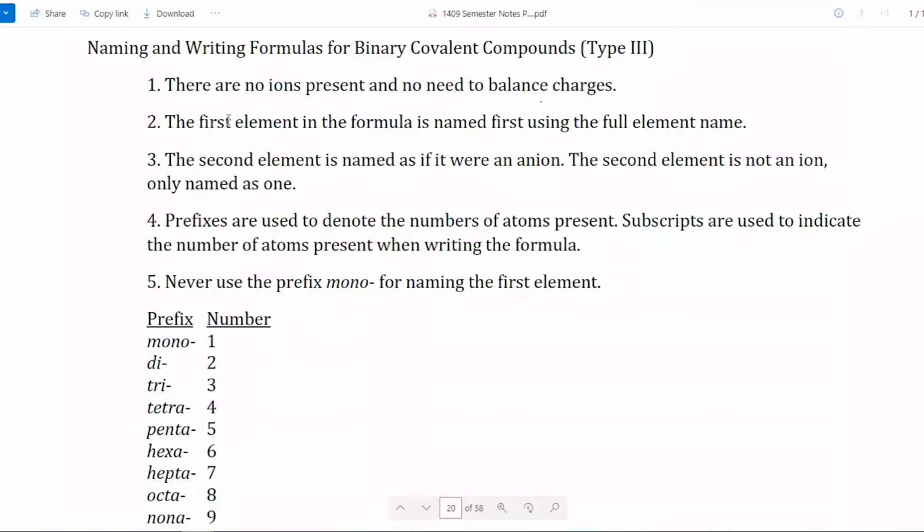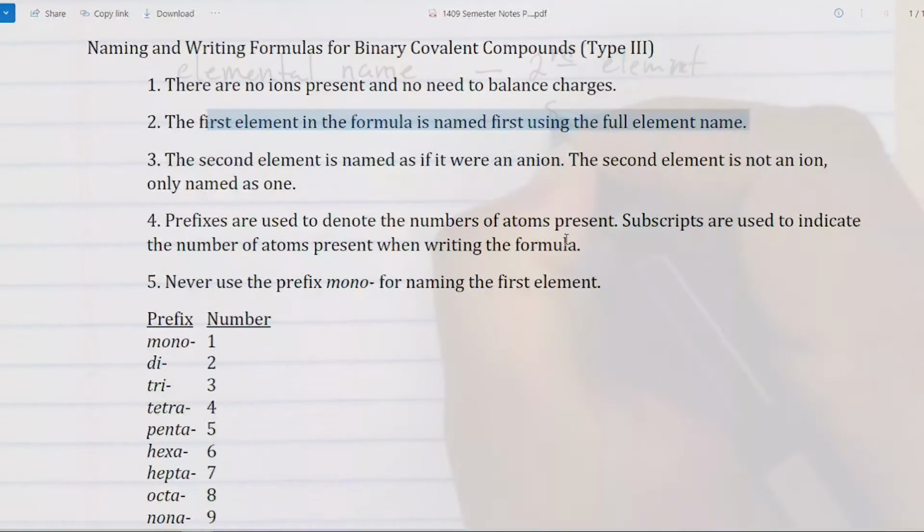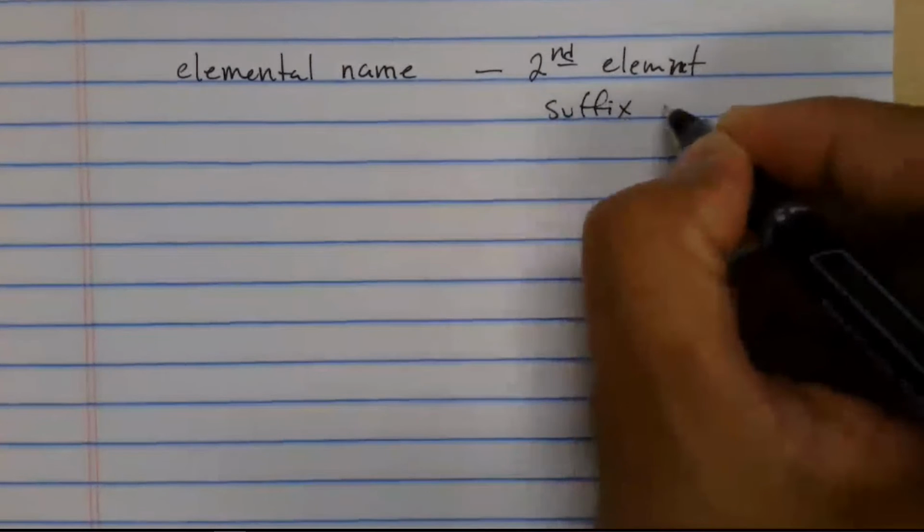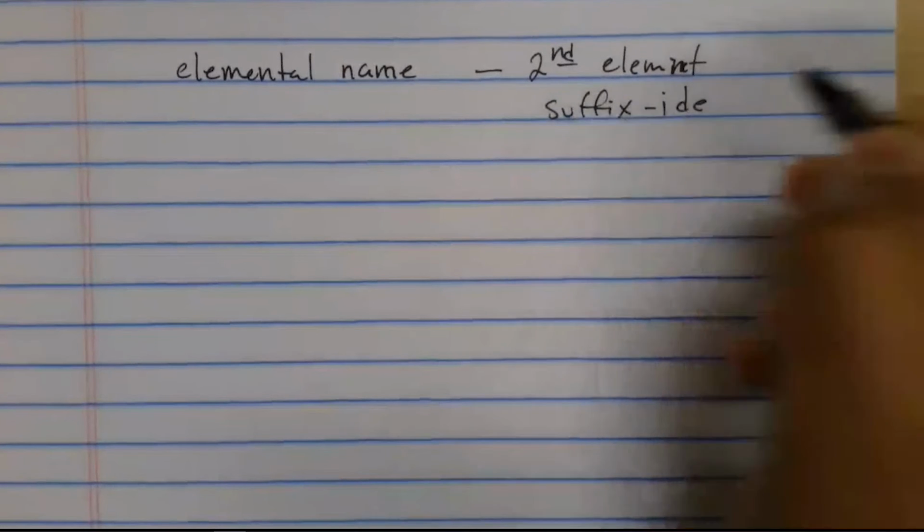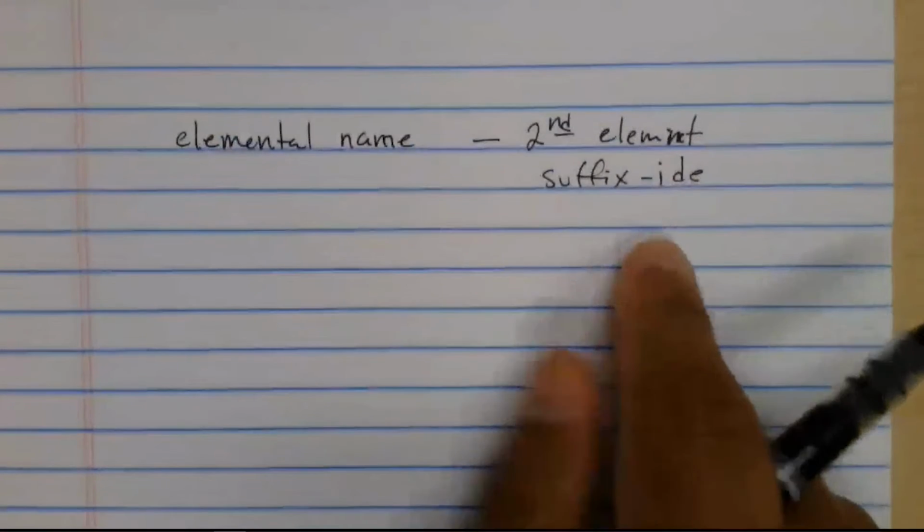Name the first element using the full element name, and name the second element as if it were an anion. And so what's going to happen there is you're going to have a suffix change. All of these second elements, you're going to have the suffix "ide." So you're going to change the suffix there.